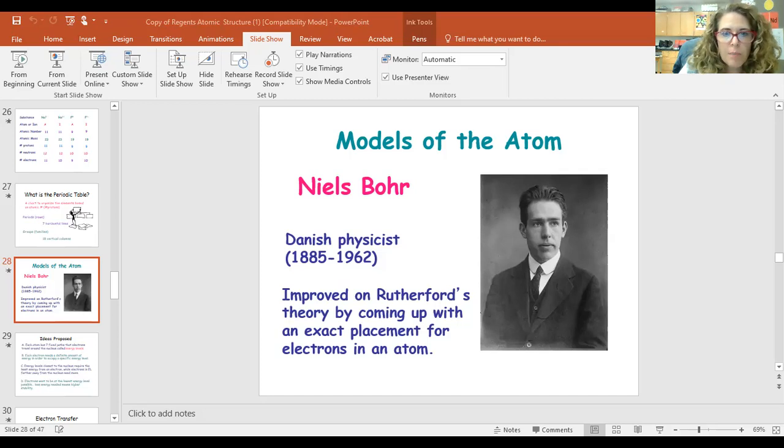Now if I look at this +2, right, that means this is a cation because it's positive, right? It's a cation. And that means it loses 2 electrons. So instead of having 6 and 6, it only now has how many, right?